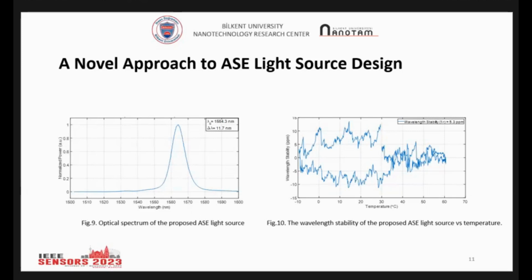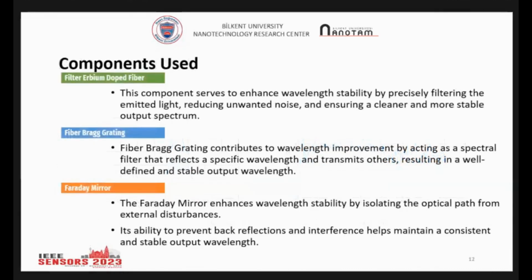So we got 5.3 parts per million wavelength stability. For the novel design, we used filter erbium fiber, fiber Bragg grating, and a Faraday mirror. A combination of all of them resulted in much better wavelength stability.